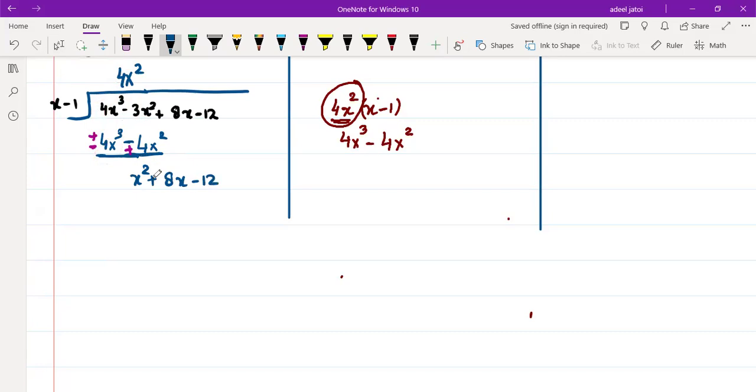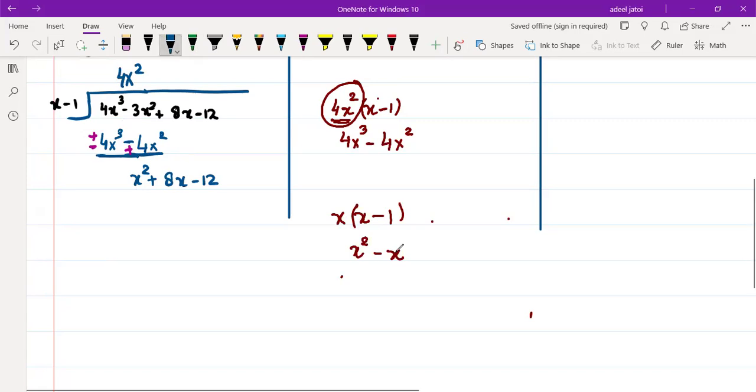Now, we know that the factor we have is x minus 1. With what will I multiply this to get x squared? I'll be multiplying it with x. So this will become x squared minus x.